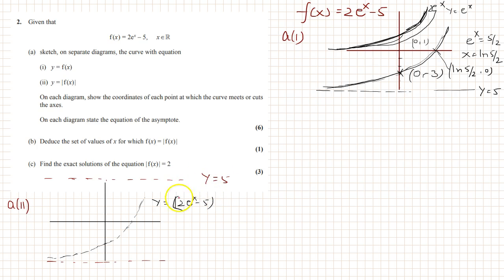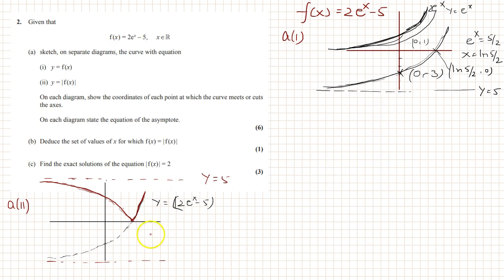So y is equal to 5, and it will pass through this 3. This is the 1.